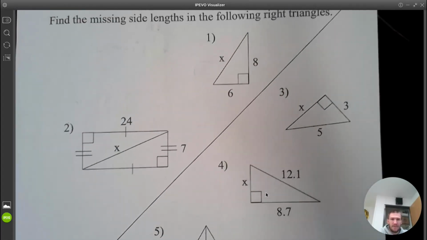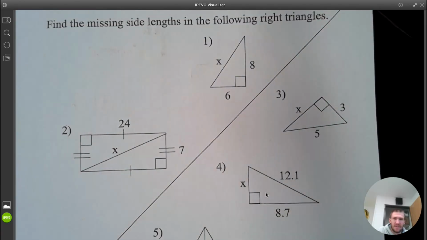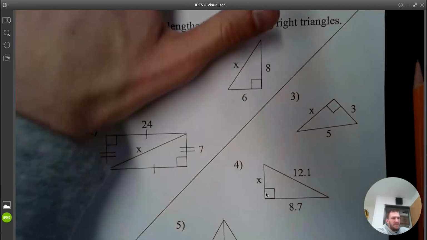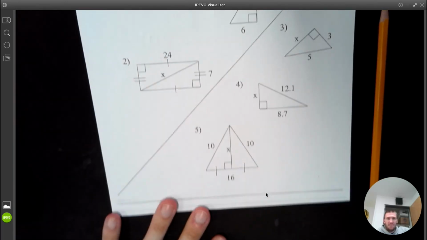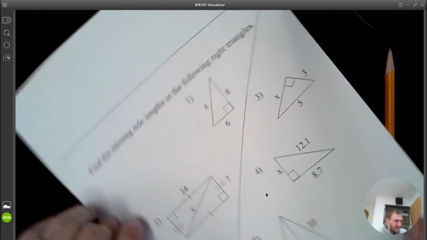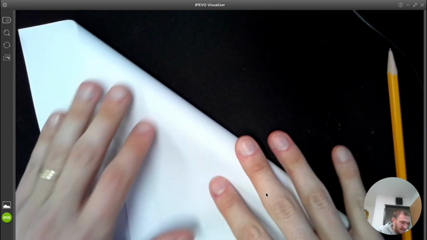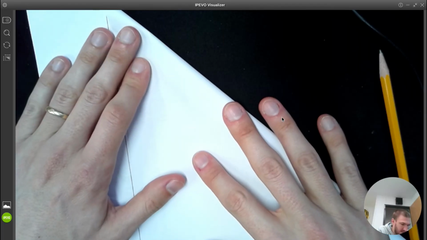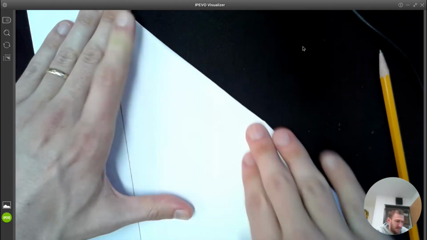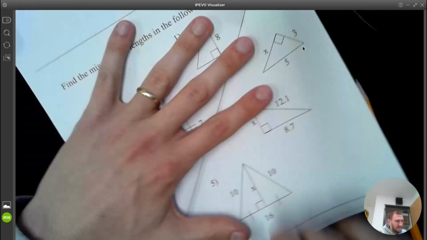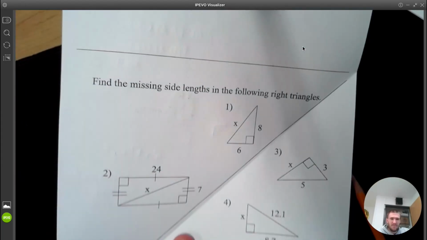Now on the back, we've got some questions, and we've got this little thing here. I believe the idea is that we're going to fold this piece of paper so that it makes a right triangle. So we're going to fold on this line, and if we fold on this line, nice, we made some triangles.